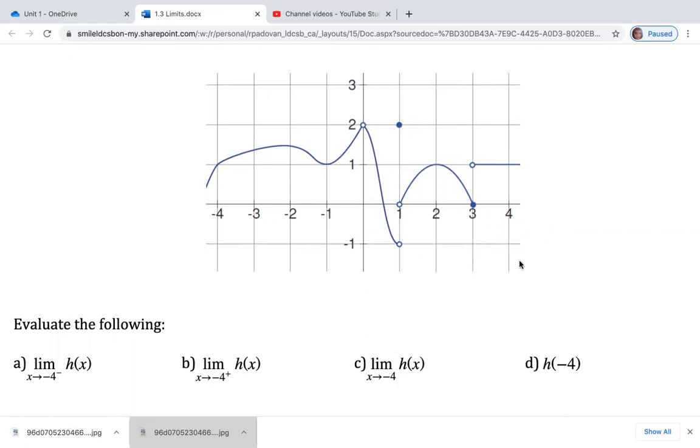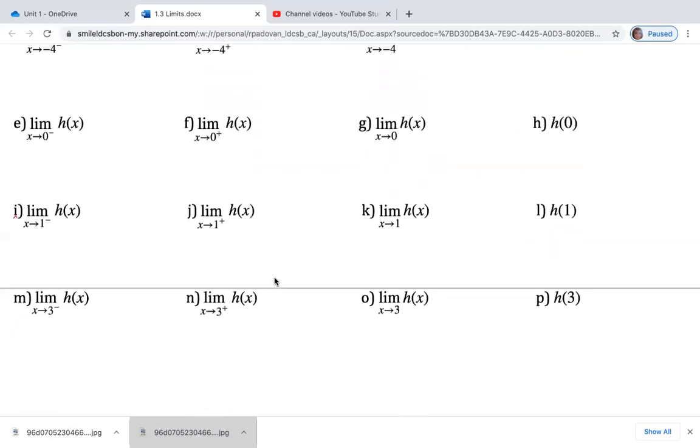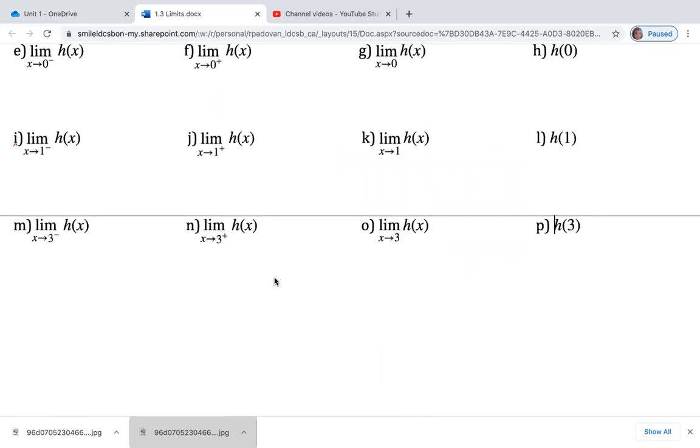What about at h equaling exactly 1? At h equaling exactly 1, that's an open hole. The only closed hole I have here, I have to say it's a value of 2. H at 1 is equal to 2 for y. So moving that here to fill out i, j, k, and l: as I approach 1 from the left-hand side, I was approaching a y value of -1.